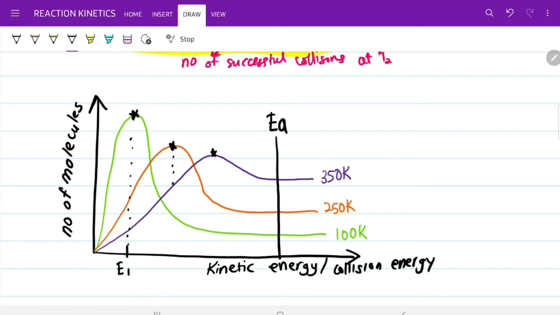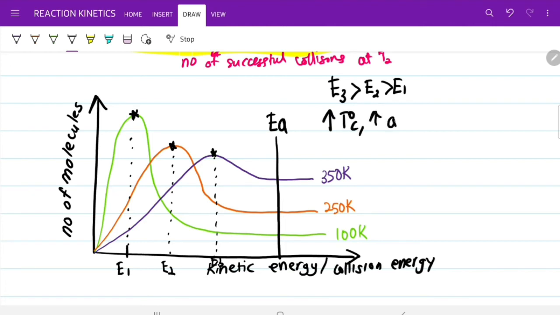In my second curve, at 250 Kelvin, most of the molecules will have an average kinetic energy equal to E2. And at 350 Kelvin, most of the molecules will have a kinetic energy of E3. As you can see, the kinetic energy E3 is the greatest, followed by E2 and E1. That means higher temperature leads to higher average kinetic energy of the molecules.